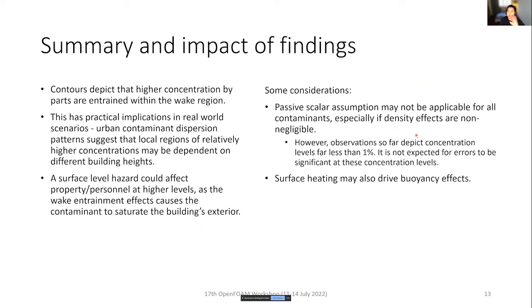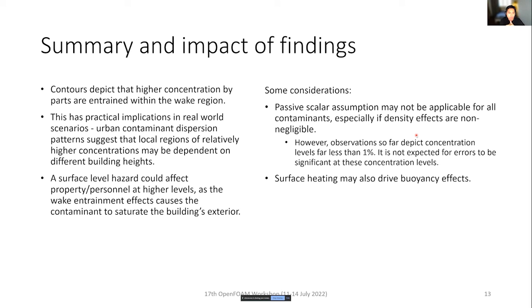We are observing far downstream concentration values of about 1e-7 or even 1e-8, which we deem are not really an issue. In fact, our sensors have trouble detecting that kind of threshold. But the concerning thing is that further upstream in the wake of the building, we see these higher 1e-3 or 1e-4 levels of concentration, which can be quite disturbing depending on what kind of chemicals or contaminants you're looking at.